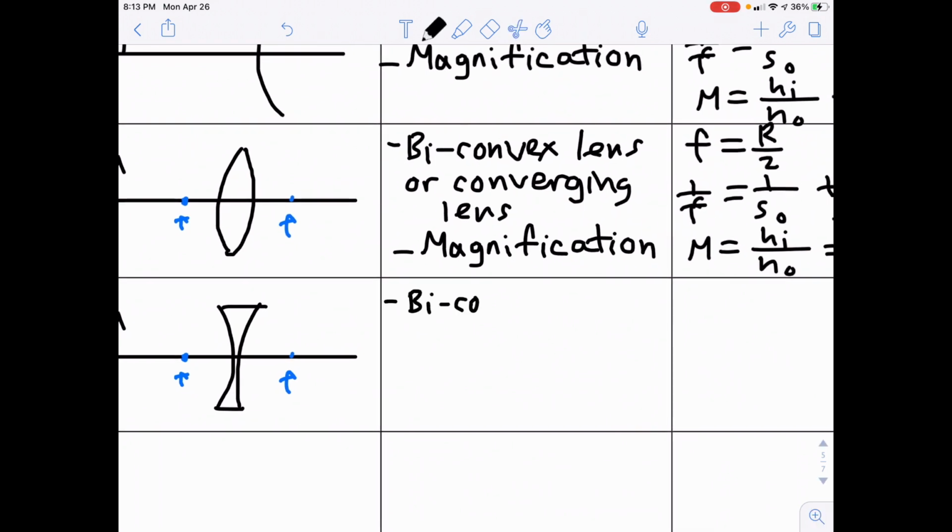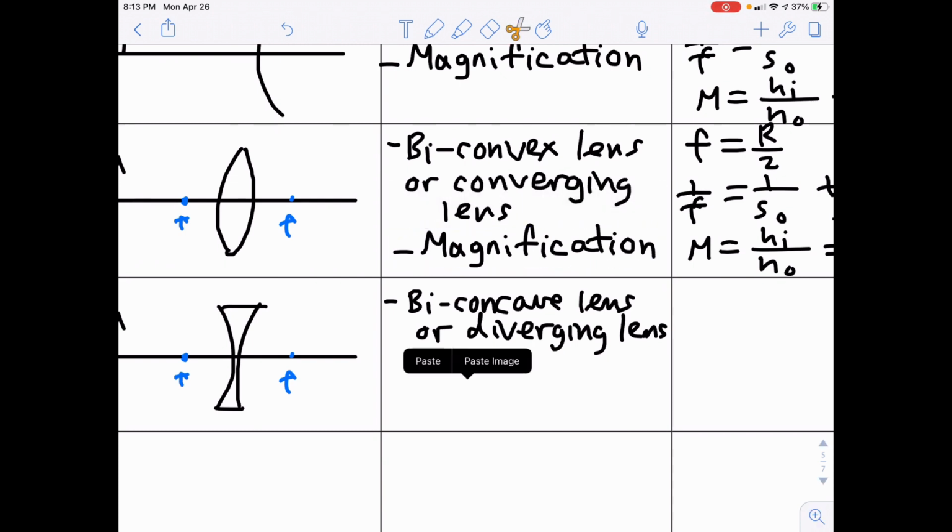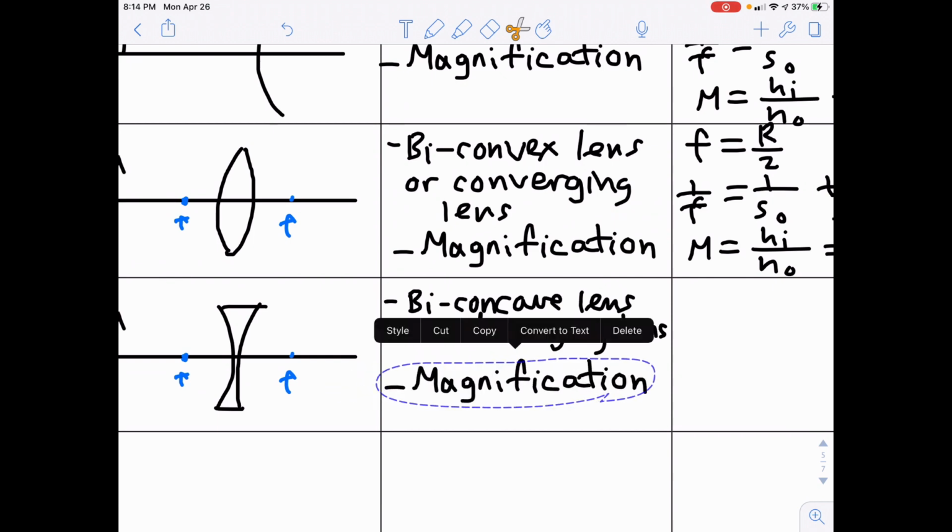This would be known as a biconcave lens or a diverging lens. And again, yes, magnification is still a concept with all lenses and mirrors.